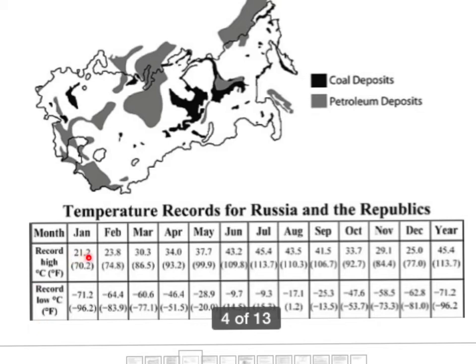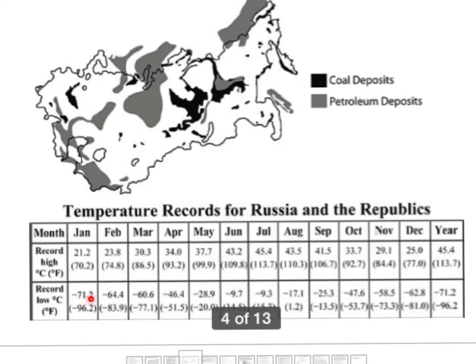So 21 and 2/10 degrees Celsius is 70 and 2/10 degrees in Fahrenheit. So the high in January is 70, and the low is negative 96 and 2/10 degrees Fahrenheit and negative 71 and 2/10 degrees Celsius.